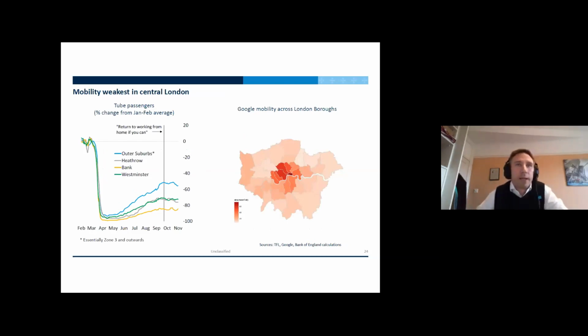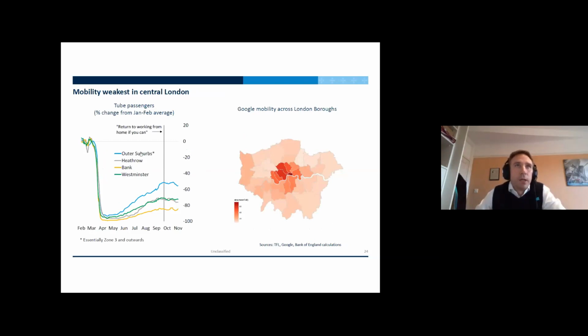I picked out Bank, given that's where the Bank of England is, but also because it's in the heart of the city. And as you can see there, tube traffic has remained very weak, much weaker than the other lines on here. It's a bit stronger at Westminster and Heathrow, but again, you can see Heathrow edging down a bit, which is consistent with the flight indicators that we just went through.